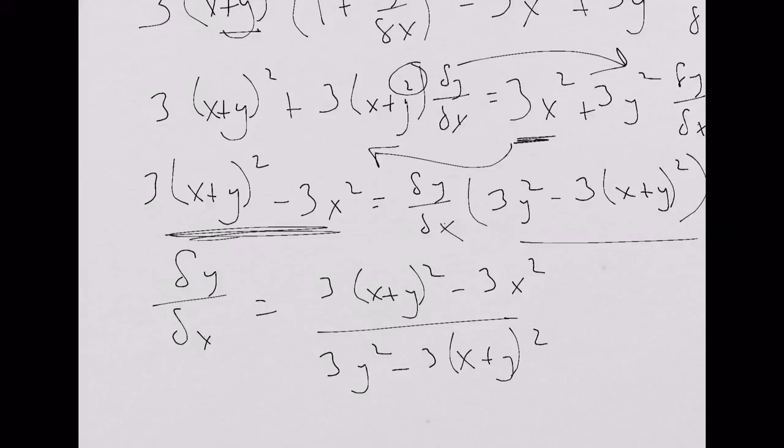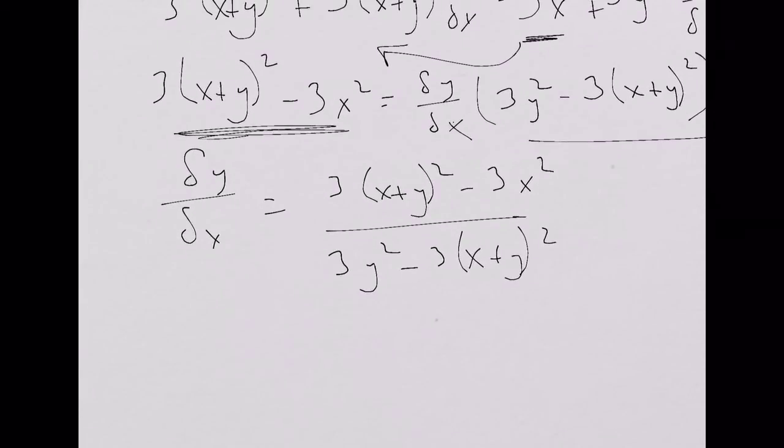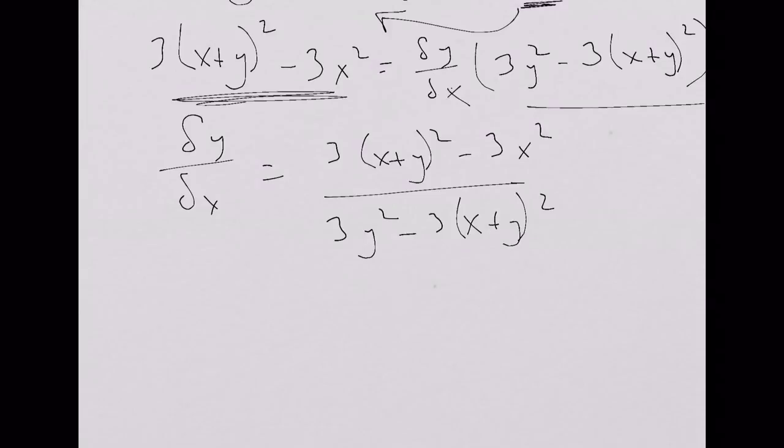So this is my slope generating function, right? Or equation in this case, since I have x's and y's. And now the last thing I need to do is plug in my negative 5 for x and my 5 for y. That's going to help me find my slope. So, very nicely, negative 5 plus 5 is 0, so those cancel out. So we know those are zeros. Awesome.